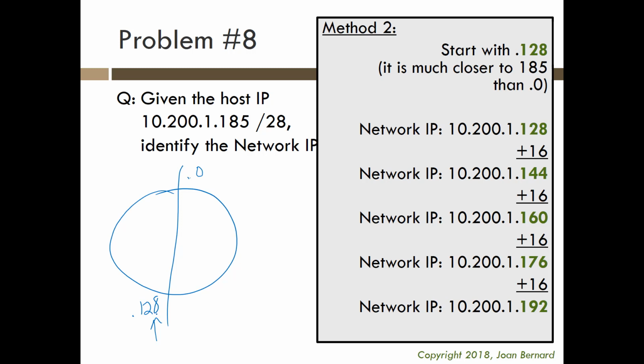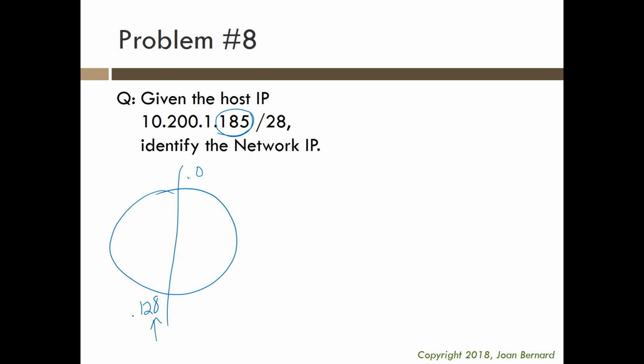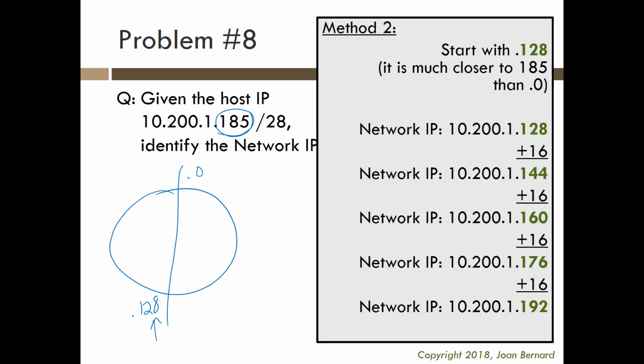So /28 is going to be the starting point for a /25, 26, 27, 28, 29, and a 30. All of those networks can start with 128. So since we know that 128 is closer to 185, here we're going to start with 128 and just add 16 to it.